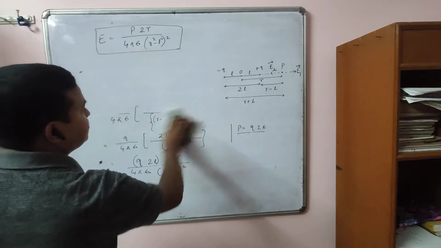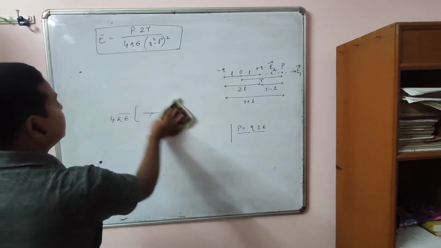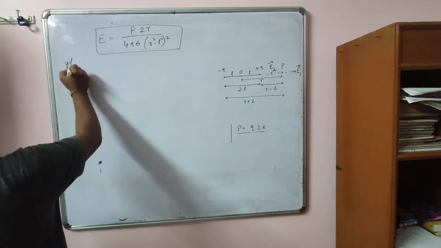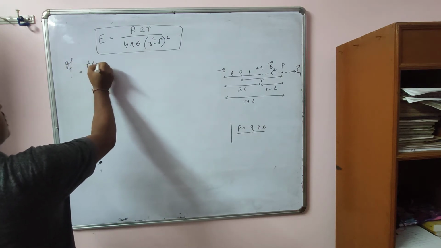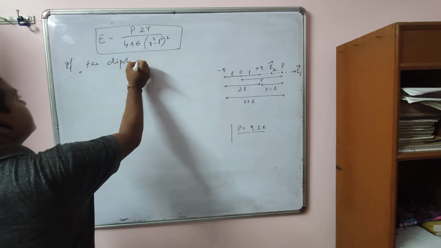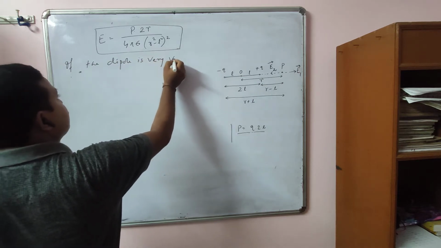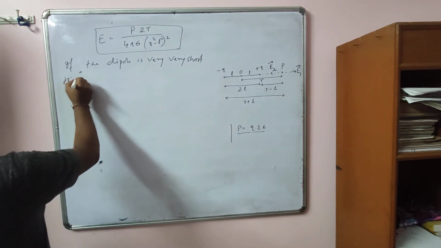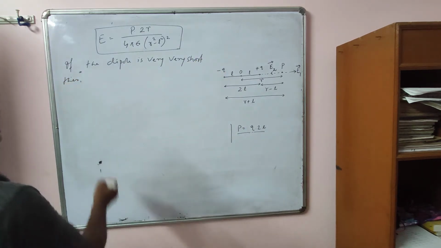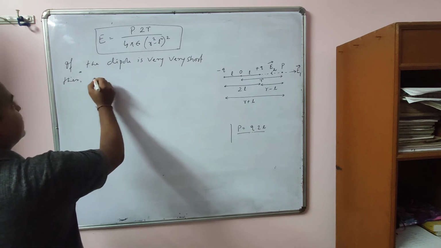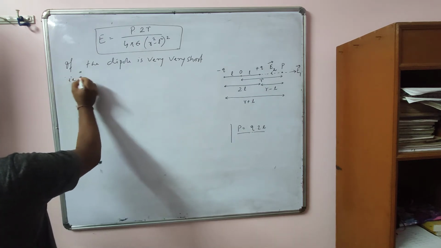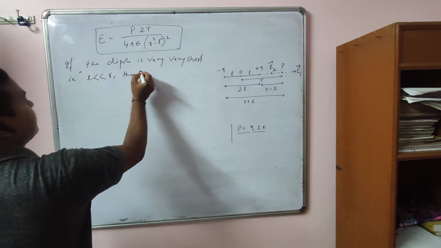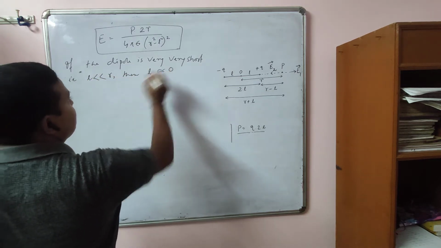Now we take one assumption. What is the assumption? If the dipole is very short, that is L is very much less than R, then L can be neglected.